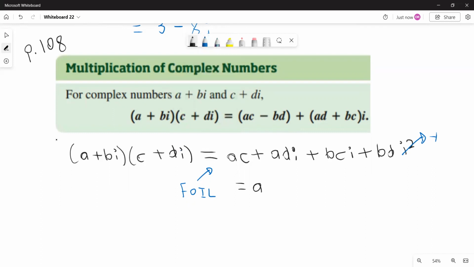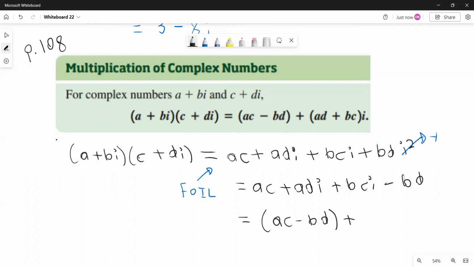So this is ac plus adi plus bci minus bd. And if we separate the real part and the imaginary part, the real part is ac minus bd. The imaginary part is ad plus bc.